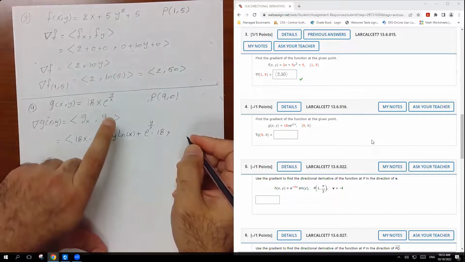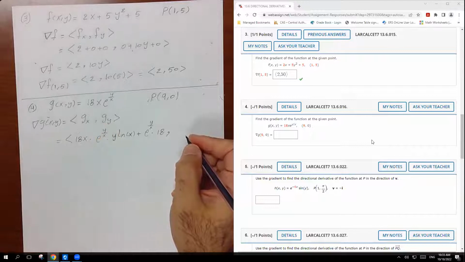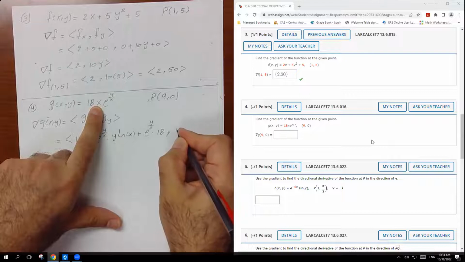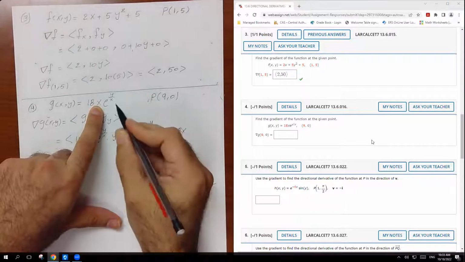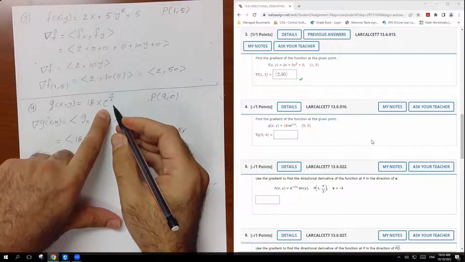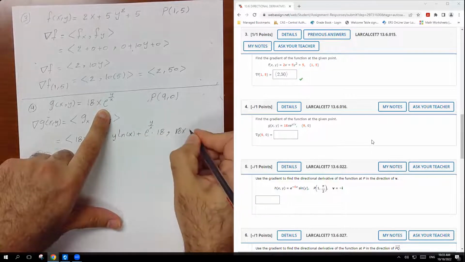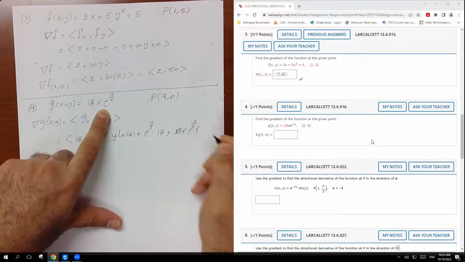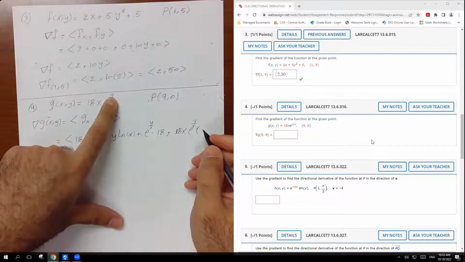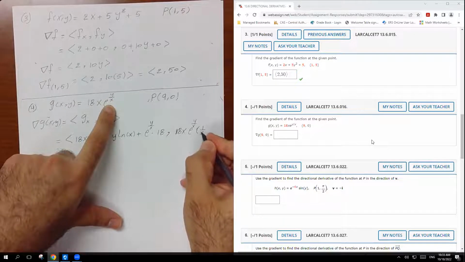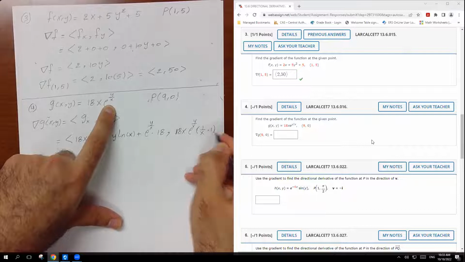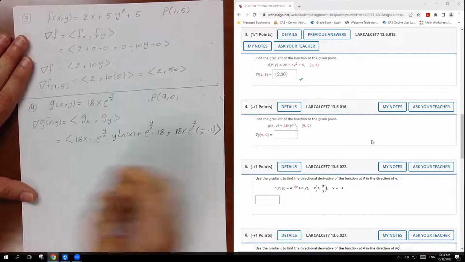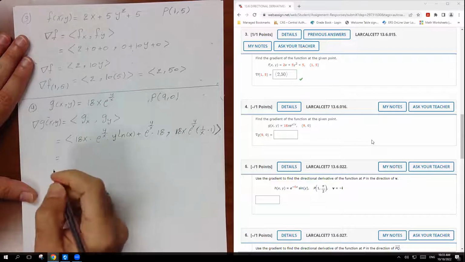Now we're done with x. Find the derivative with respect to y. The x is constant, so we're going to keep 18x. The derivative of e to the y over x is going to be the same function, e to the y over x, times the derivative of the exponent with respect to y, which is 1 over x times 1. Now let's clean this up.